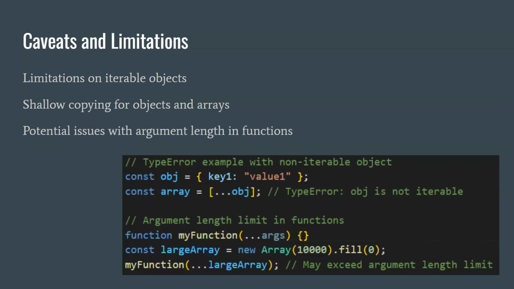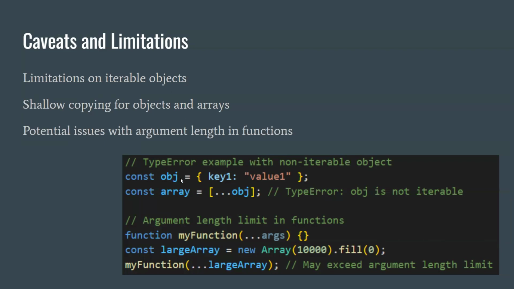And also remember that spreading objects is a shallow operation which might not be suitable for all use cases, especially when dealing with nested objects. And when using spread syntax with function calls, be mindful of the potential to exceed the JavaScript engine's argument length limit. So let's look at this example.